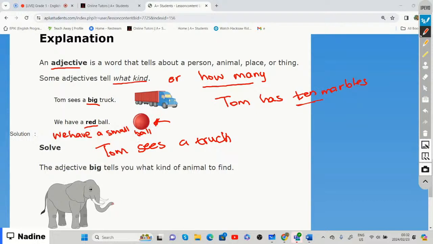If we describe the truck, then we can say Tom sees a big truck with a red canopy. Then red and big are our adjectives. All right, let's go to our test.